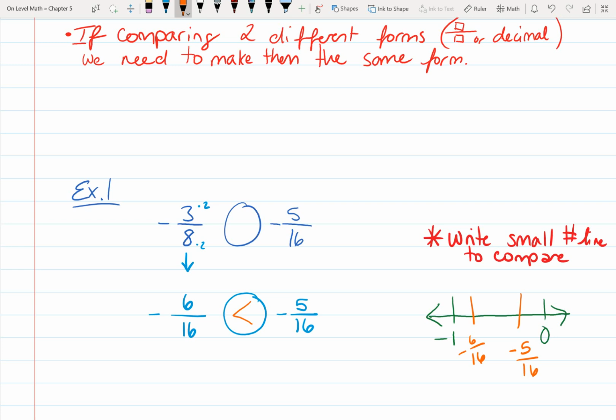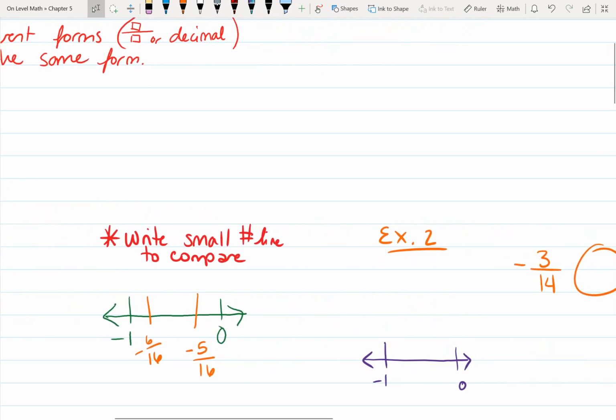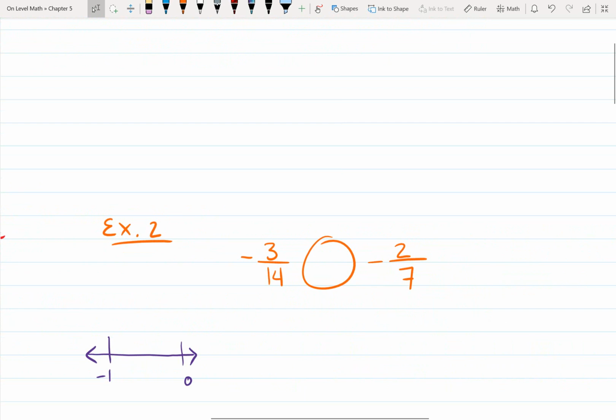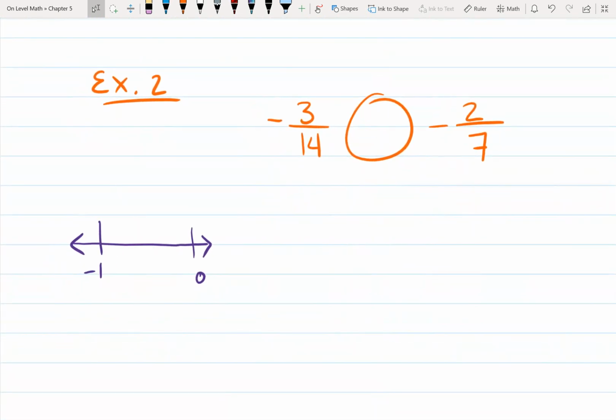Alrighty, example 2. Again, I'm comparing two fractions here. And whenever we're comparing two fractions, comparing a fraction, decimal, comparing whatever, I highly recommend making this little number line over here that I've got in purple, just to give us an idea of which one's closer, which one's farther from 0.